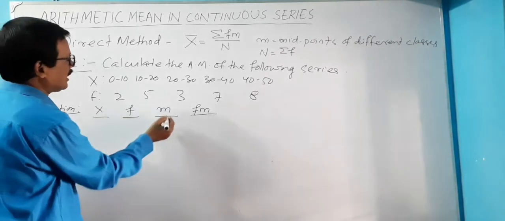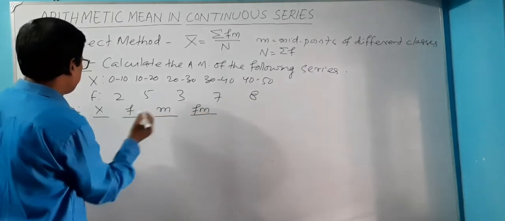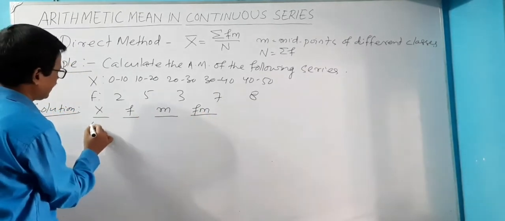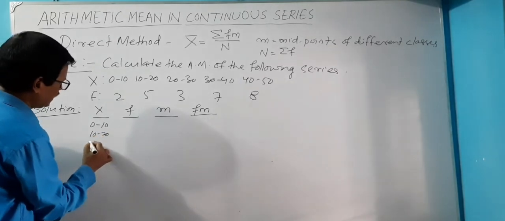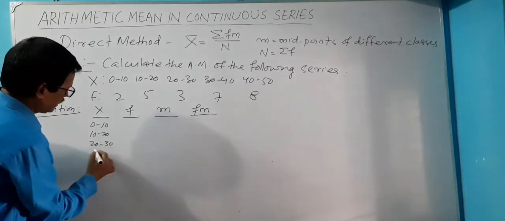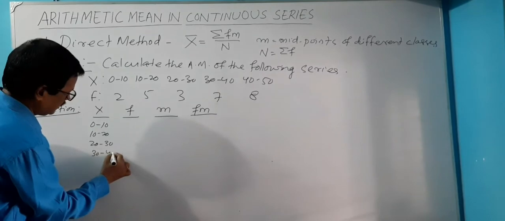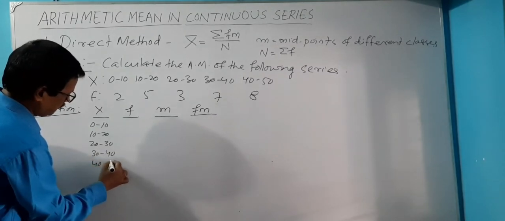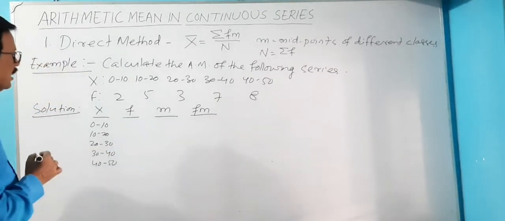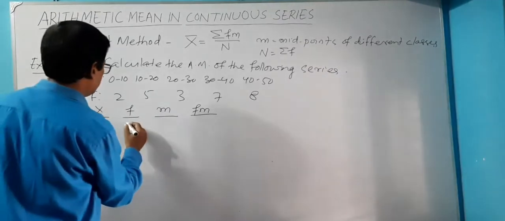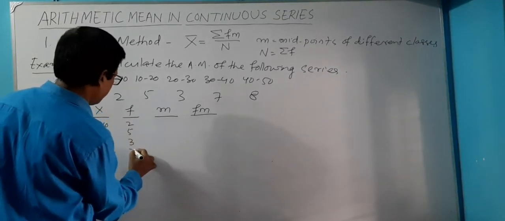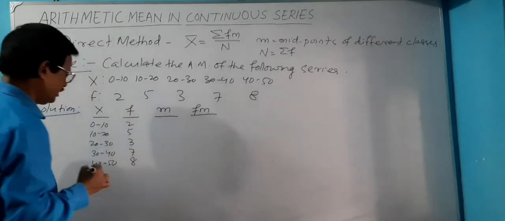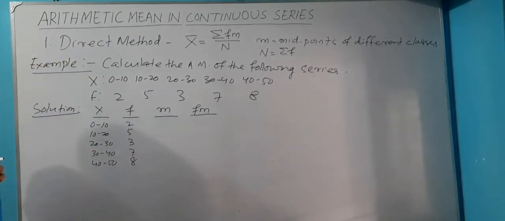We have to find out m values and fm values. X given in the question: 0 to 10, 10 to 20, 20 to 30, 30 to 40, 40 to 50. F values: 2, 5, 3, 7, 8. Find out m values.